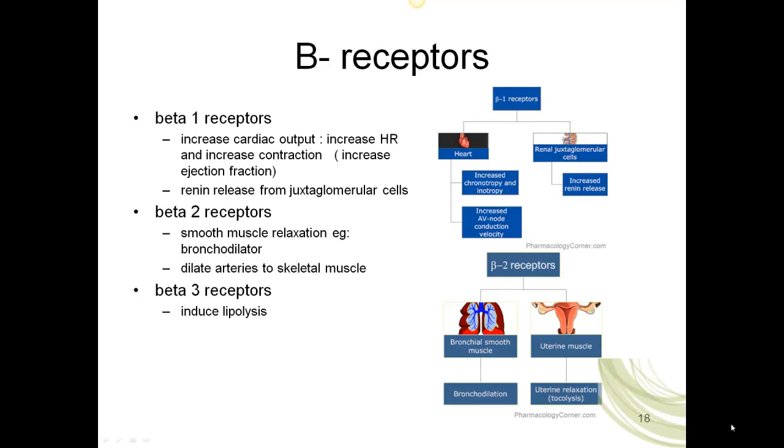I said if you are running for your life, would you want the blood vessels serving your skeletal muscle to be constricted? You all said no. I said, what about blood vessels serving the brain? You said most certainly not. We would want vasodilation so that we get adequate blood flow to those areas of the body. Beta 3 receptors cause lipolysis, again, fats being mobilized to be used as fuel source.